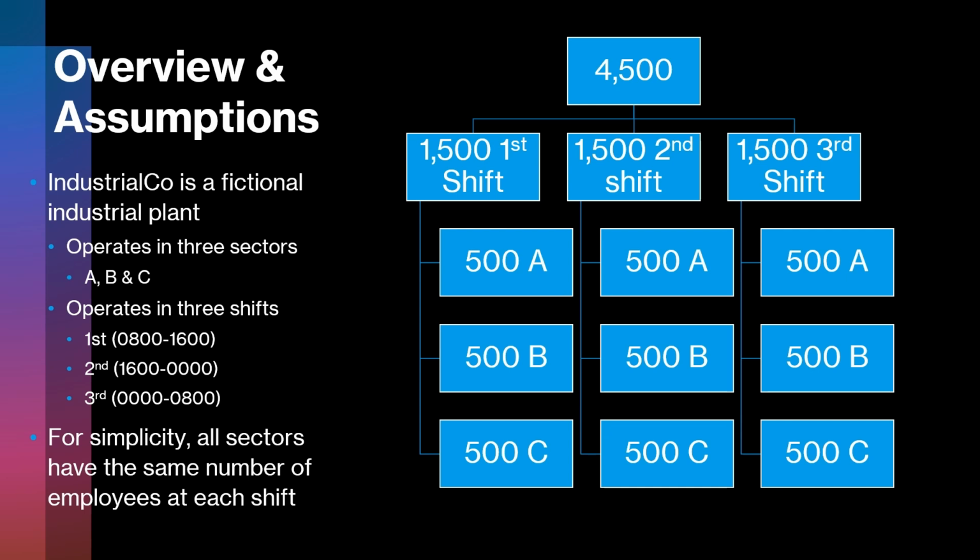This uniform distribution may or may not happen in real life, and if it didn't, we could take that into account in the analysis. For example, if there were significantly more employees during first shift, we probably would expect to see more incidents with the increased activity, and we could weight our findings accordingly. But for simplicity, we will say that every sector on every shift typically has 500 employees working.